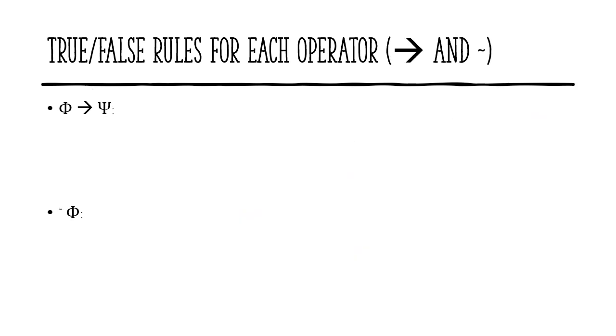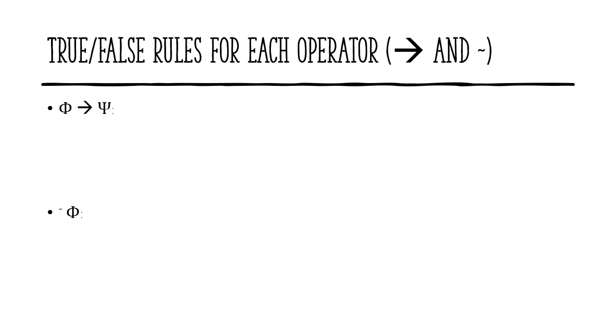Now we're going to look at the conditional, the arrow. And again, we're going to use our meta variables because anything can stand in for them. So the conditional is a little interesting, to say the least, and probably the best way of explaining why these truth rules work the way that they do is by just looking at the false instance.